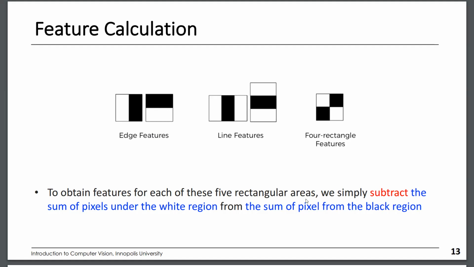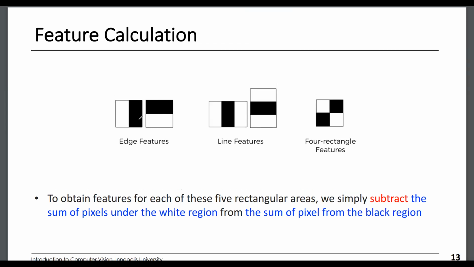So for the feature calculation, to obtain these features, what we simply do is we take each one of these five rectangular areas and we subtract the sum of pixels under the white region from the sum of pixels under the black region. So let's say if this area is much darker, then it's going to have values like 0.